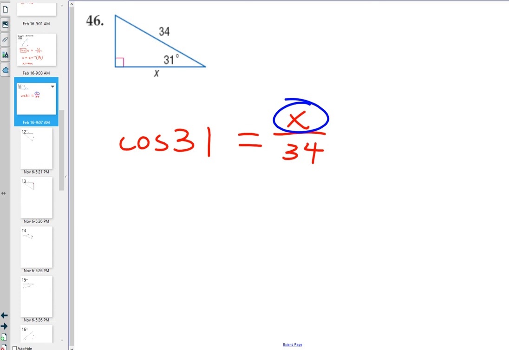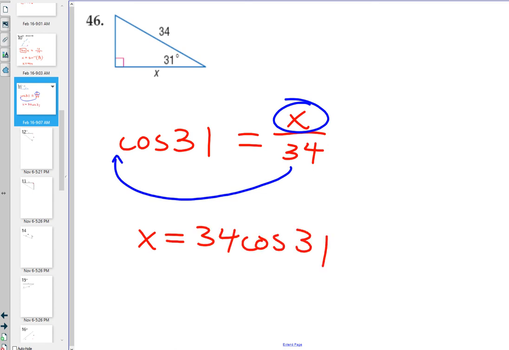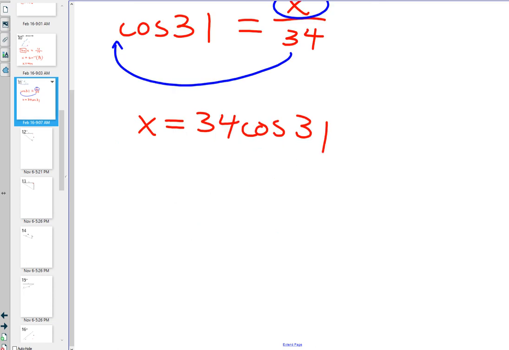I want to solve for x. How can I solve? 34 to the front. When the number you're looking for is on top, you end up multiplying. So x is 34 cosine 31. Put that into the calculator and run.